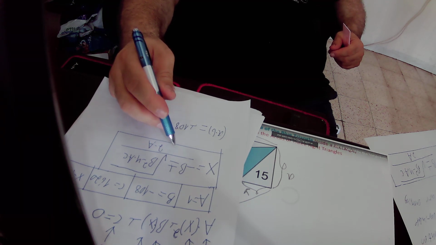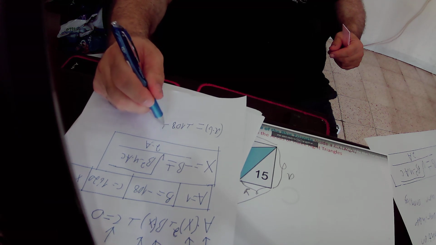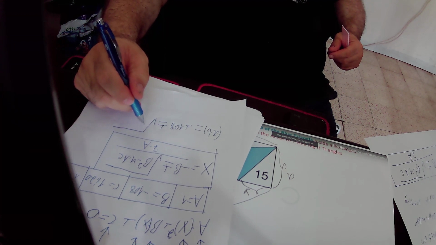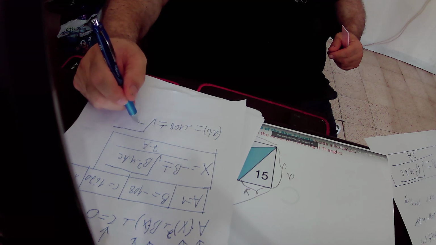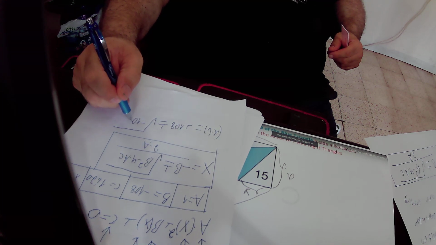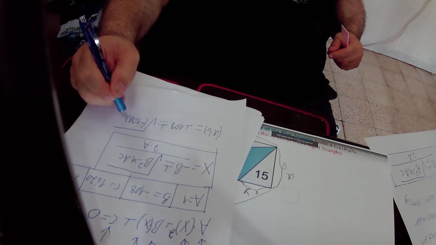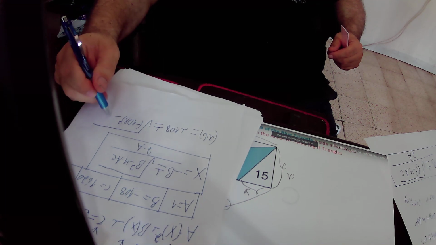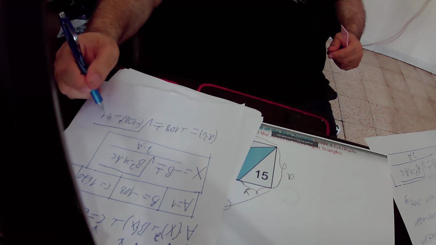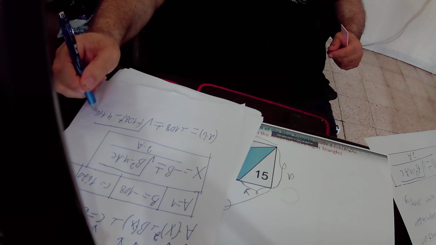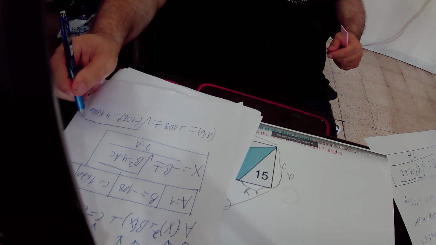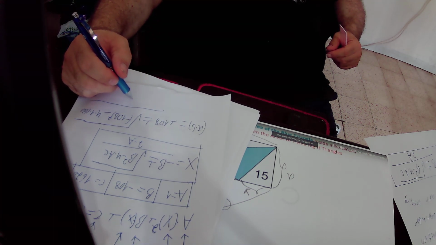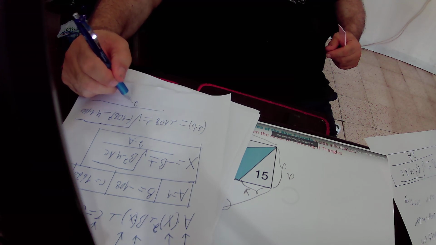It is minus b plus minus the root of b squared, and b is negative 108, so negative 108 squared, minus 4 times a equals 1 and c equals 1620, all divided by 2 times a, and a is equal to 1, so it is 2 times 1.